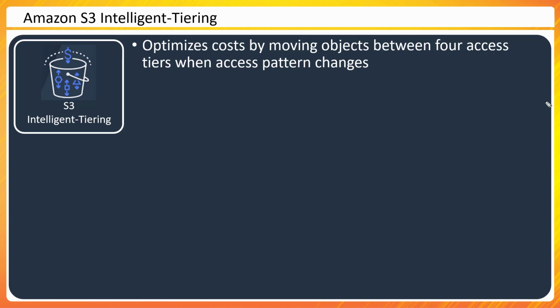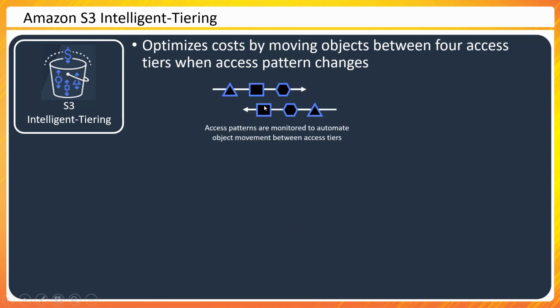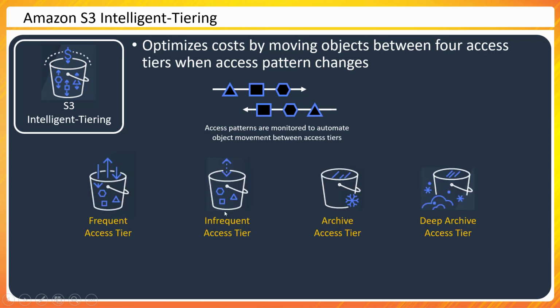Let me show this here in the slide. It optimizes cost by moving objects between four access tiers when access patterns change. So my object would be monitored: when that object was accessed and how many times it was accessed, and based on that my data would be moved to the frequent access tier. An uploaded object will come here, automatically stored in the frequent access tier.